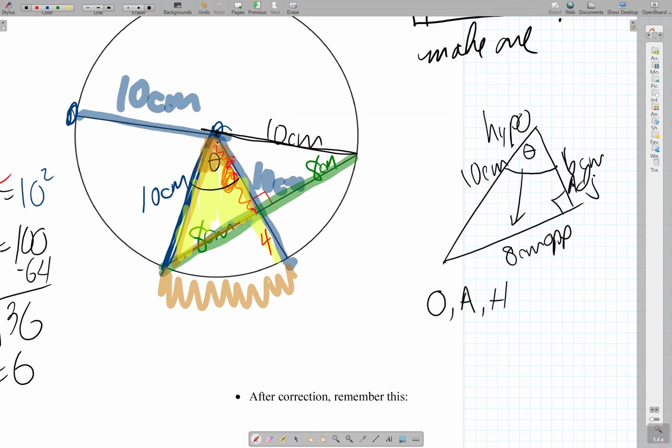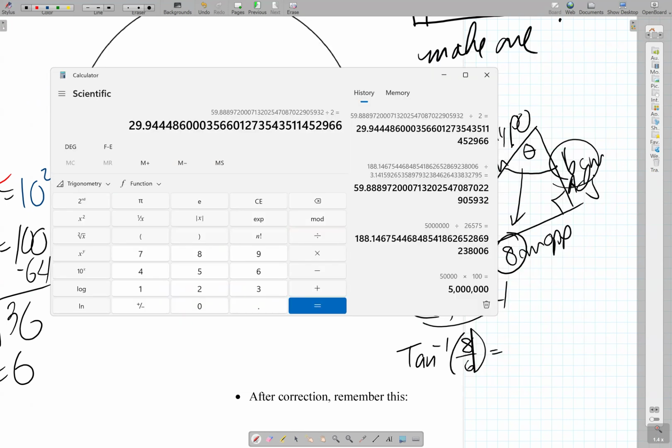I could use any one of inverse sine, inverse cosine, or inverse tangent. Just for giggles, I'm going to go inverse tan. So inverse tan, my opposite is 8 and my adjacent is 6. Pull up my calculator.